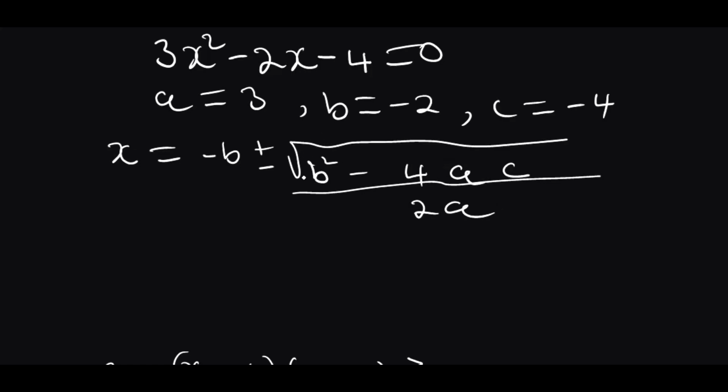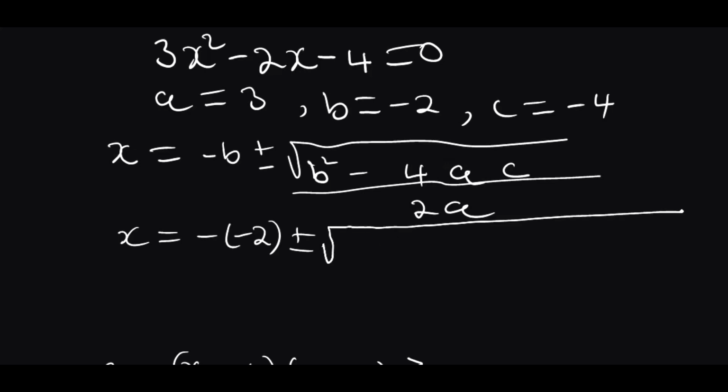The only thing now we need to do is to substitute. x = -(-2) ± √((-2)² - 4(3)(-4)), all over 2 times a, which is 3.